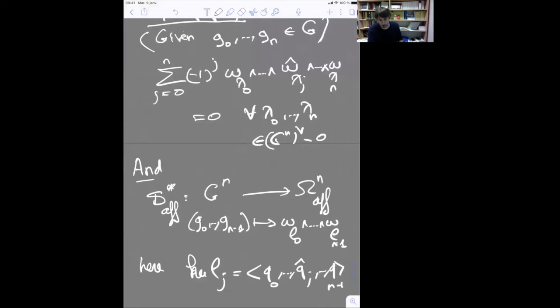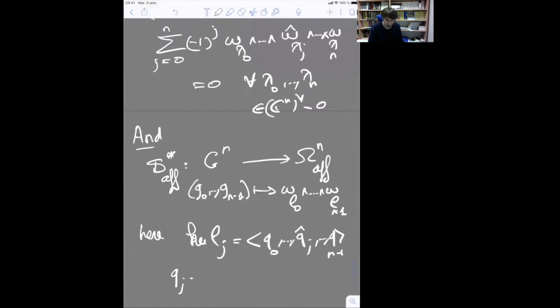So I assume that the Qj are linearly independent. Recall that Qj again is Gj minus 1 E1. Okay, so that's another expression. It's less obvious to check that it is a cocycle, but it's indeed a group cocycle.